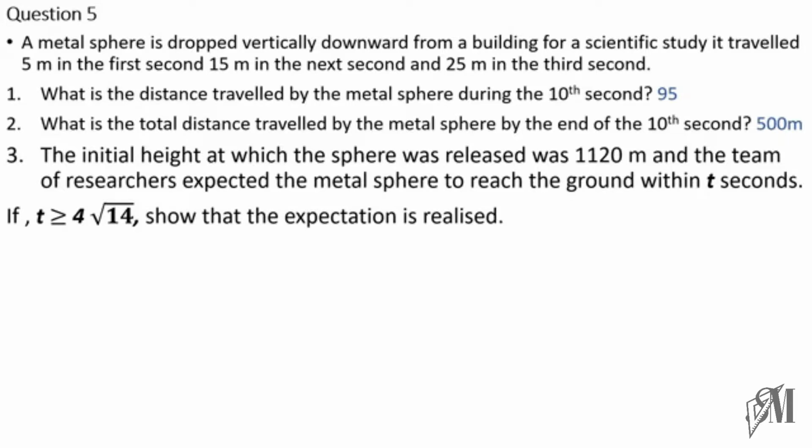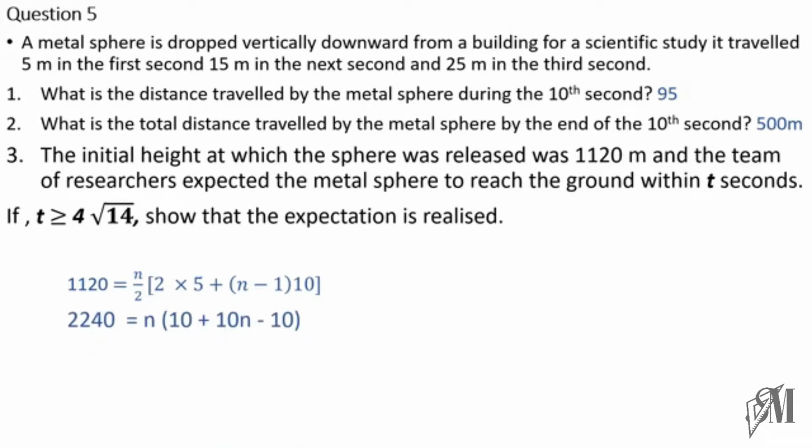Now here you have to clearly understand that in this case t is equal to n in the general term. Because at the beginning of the question we said the first, second and third seconds, here t is the position of the term. What we have to do is substitute 1120 meters instead of Sn and find out whether n is equal to this given value.